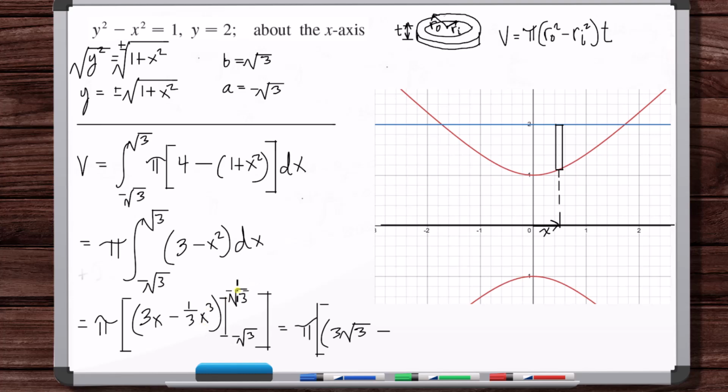So 3 to the 1/2 cubed is 3 to the 3/2. 3 to the 3/2 divided by 3 to the 1st is 3 to the 1/2, so root 3. Okay, minus root 3, we've got minus 3 root 3. All right, minus root 3 cubed is minus 3 to the 3/2 divided by 3 to the 1st. So this is going to end up being plus root 3.